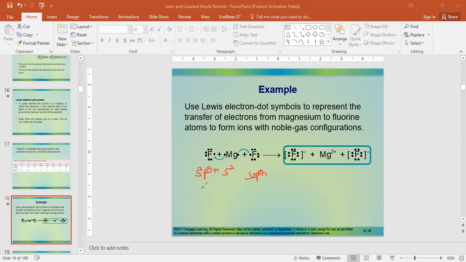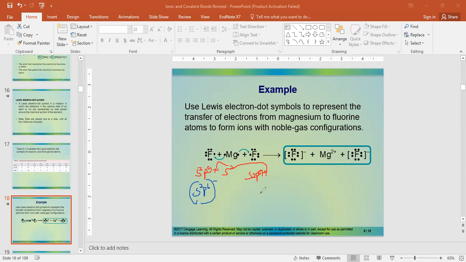So where are these electrons going to come from? One electron is going to be added to a fluorine atom, and another electron is going to be added to the other fluorine atom. So that in the process, what we are going to get now is an s2 and a p6. And in the process, that one is going to become negatively charged.